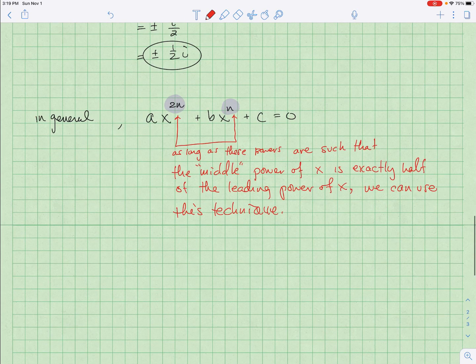And in that case, we're always going to let u, or whatever letter you want to use, u equal that middle power, x to the n.